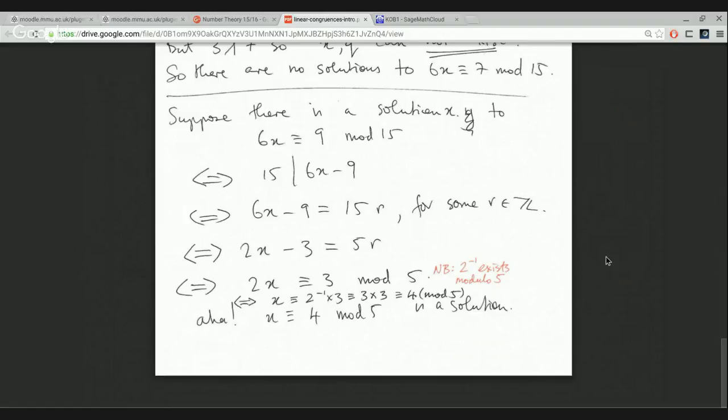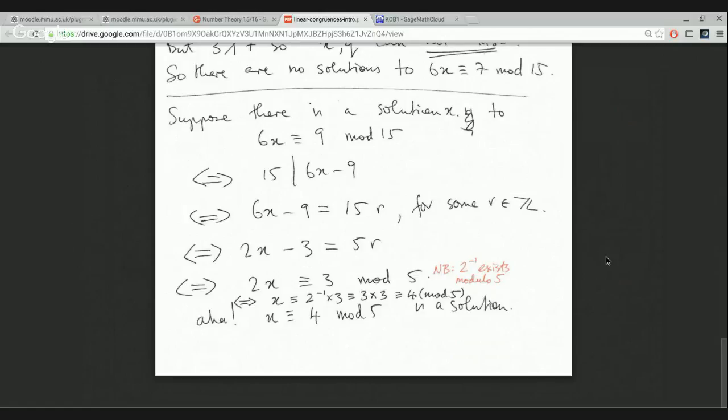But now, because the original congruence was quoted in terms of 15, we'd like to return the solutions as congruence classes modulo 15. We'd like to report the solutions in the original context. And the original context was talking about congruence classes modulo 15.